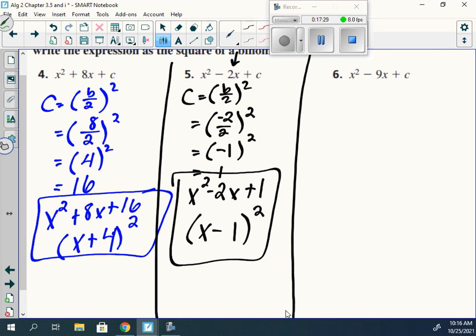X squared minus 9x plus c. C is equal to what over 2? Does negative 9 divide by 2 evenly? No. So we can leave it as that there. That's perfectly fine.